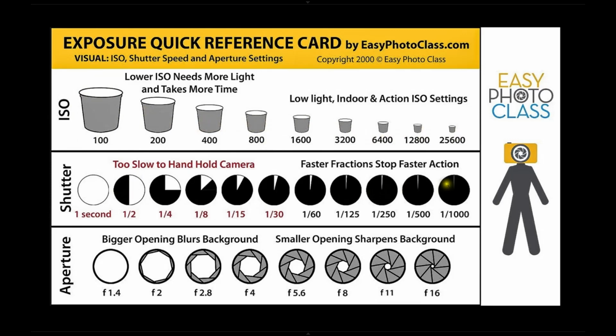And then the same thing with shutter speeds. We go from a very fast shutter speed to longer shutter speeds, and once we get down to this sort of range, a 30th or a 15th, we start to get to a problem where we can't handhold the camera without getting movement. And then with apertures, we go the same way. Each one is halving or doubling the amount of light getting through.